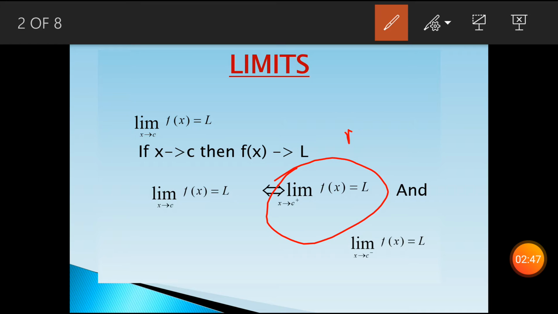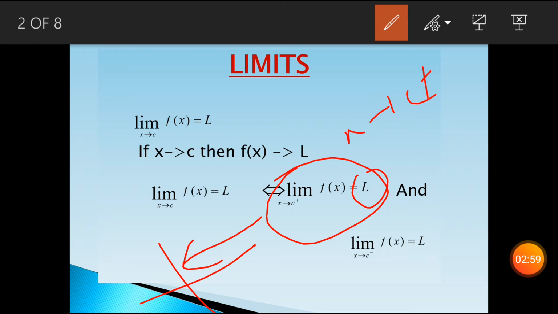It means x is tending to c plus, that is, you are approaching c from the right hand direction, and your function is approaching a value L. Similarly, if x is approaching c from the left hand side, then we write c minus, and f(x) is again approaching the same value, L. So if both the values are L, then we say the limit exists. That's a very important concept and we are going to use it in continuity also.